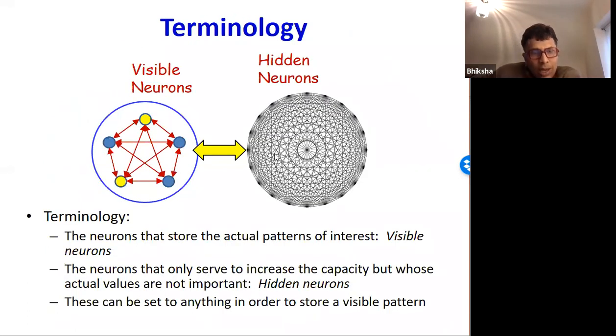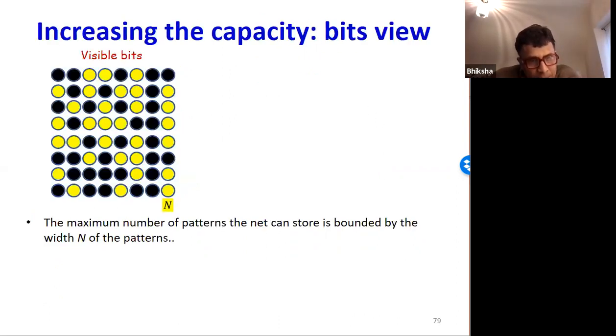I'm going to call these my visible neurons. These are the bits that I'm interested in. These are the don't care bits that I appended to my visible bits. These neurons I'm going to call my hidden neurons, and they can be set to anything to store a visible pattern.